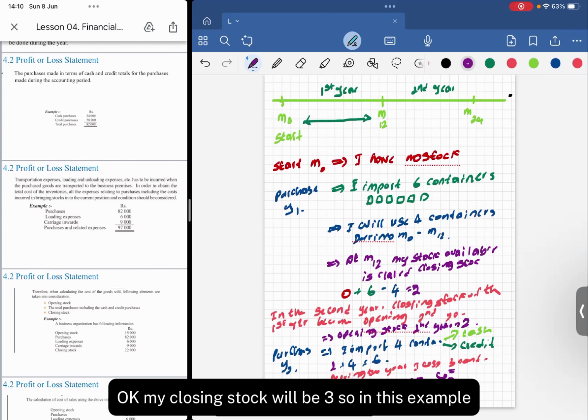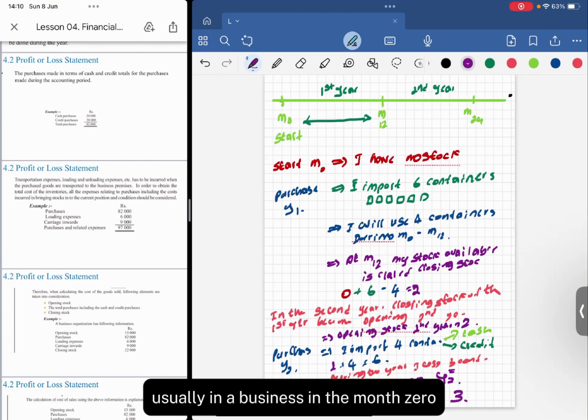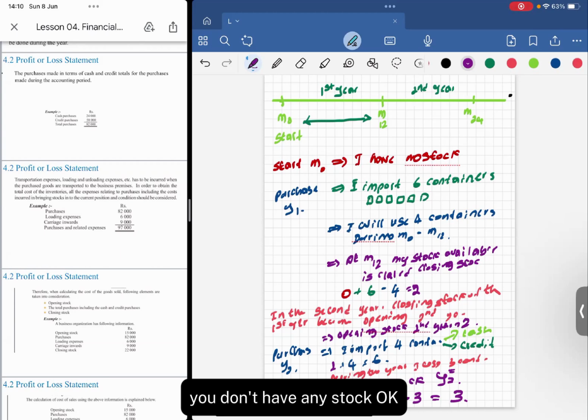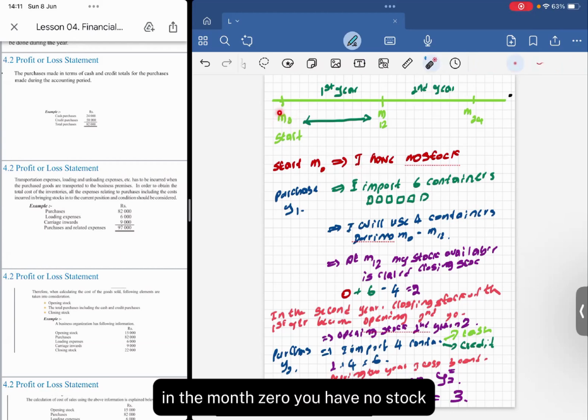So in this example, I explained what is happening with the stocks. Usually in a business, in month 0, you don't have any stock. Then in the first year, you will be purchasing 6 containers, and during that year you will be using 4 containers.